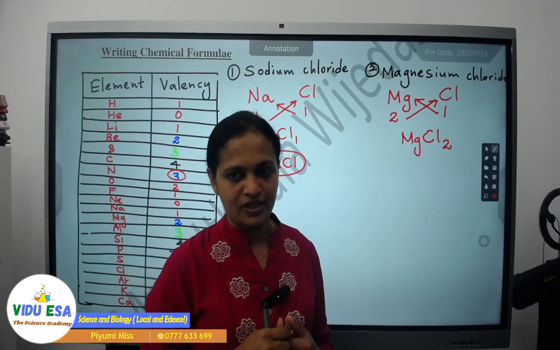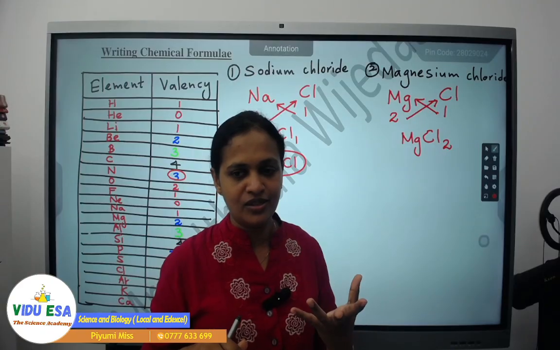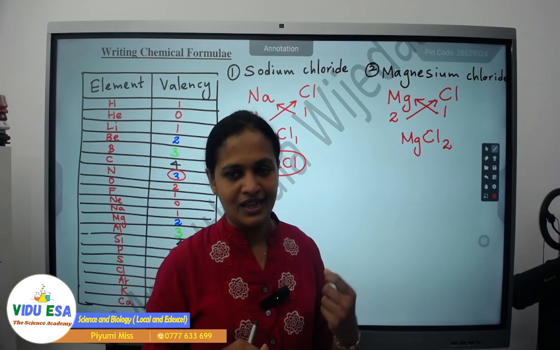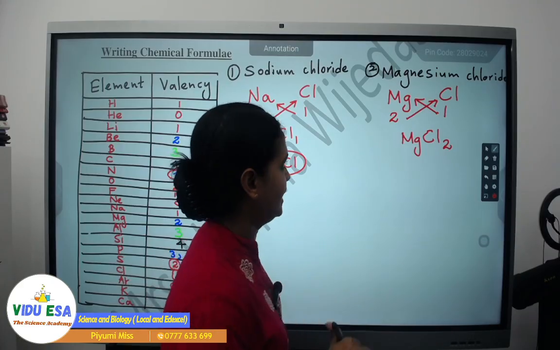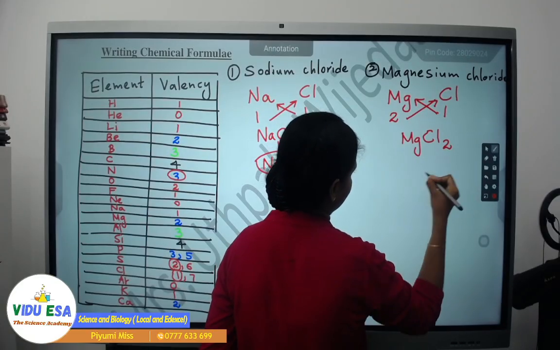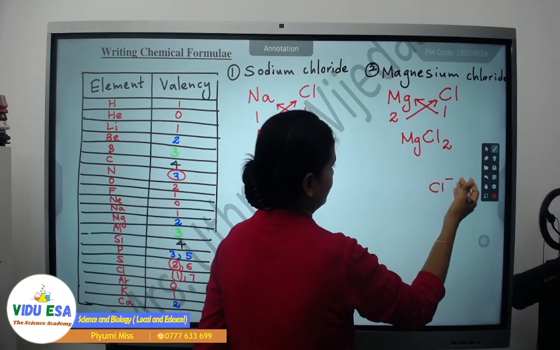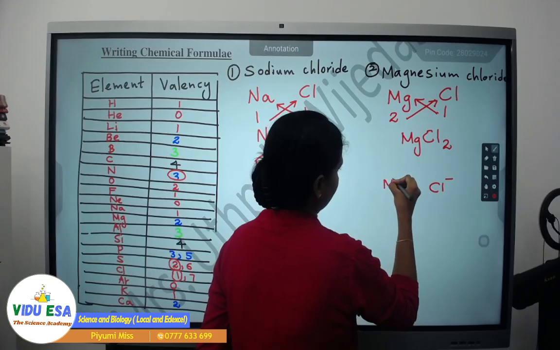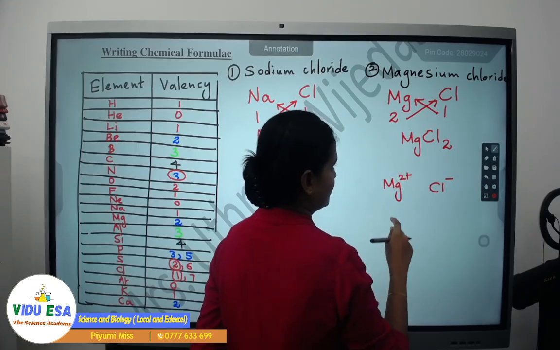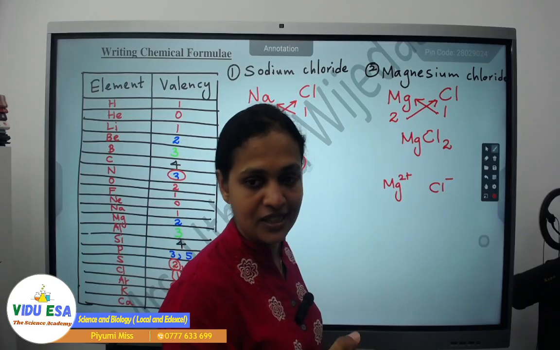Therefore, in order to neutralize, in order not to get a charge, in order to be neutral, they combine like this. For example, chlorine forms chloride ions. If this is not clear, it is okay. I am just telling you. Chloride ion. Magnesium can remove 2 electrons and form Mg2+. Then this MgCl2, magnesium chloride as a molecule, is neutral.